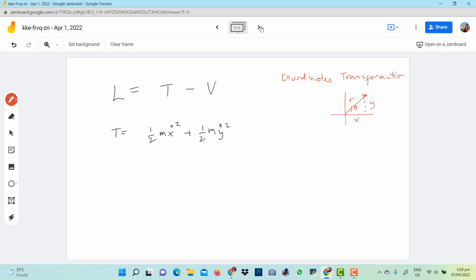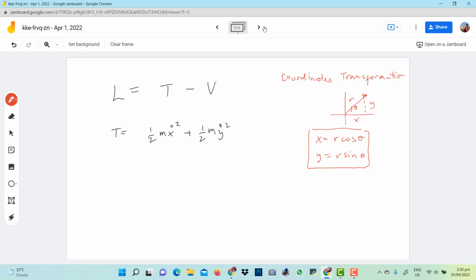There is a relationship between r, theta and y, x, such that x is equal to r cosine theta while y is equal to r sine theta. So this is the coordinate transformation from Cartesian to plane polar or from plane polar to Cartesian.